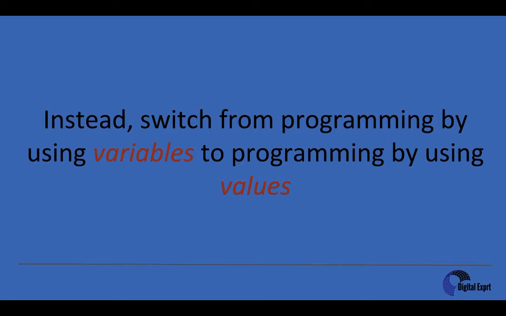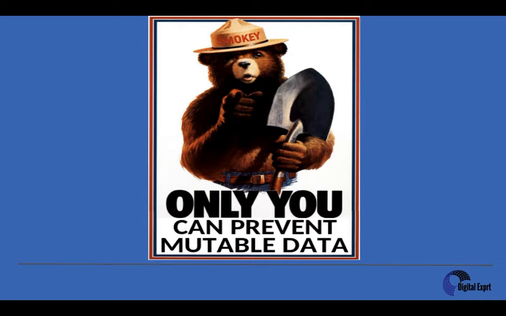It is only us, as Smokey the Bear says, only you can prevent mutable data. There is no magic bullet, silver bullet, or magic potion. There is no philosopher's stone that could just magically prevent mutable data. It is a focused effort on the part of the designer and developer to get us there.